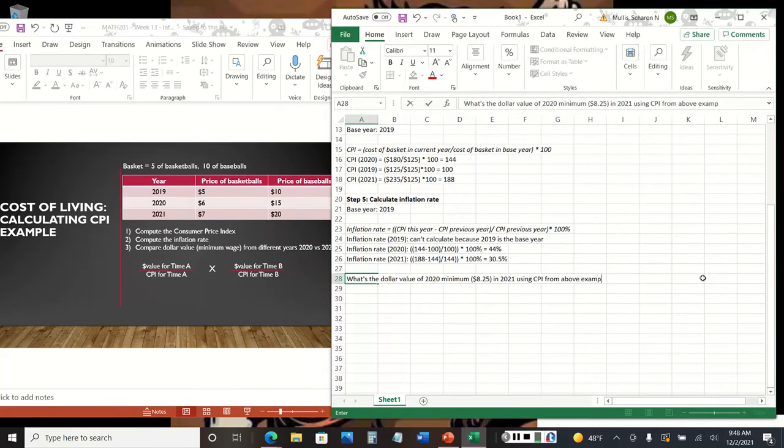And I'm only typing this out so you know where the numbers came from. So again, we're going to take the time value of A, which is just going to be 2020. So that would be $8.25.